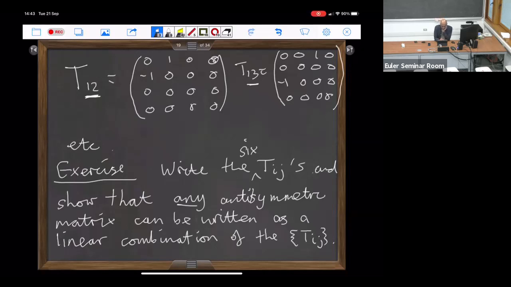Okay, so one can show, and this I'll leave as an exercise for you, that in 4 dimensions, the 6 Tij's that you get, if you take an arbitrary linear combination of them, you can construct any 4x4 antisymmetric matrix. And actually, in general, in dimension n, you can do the same.